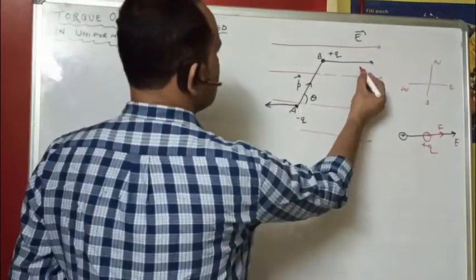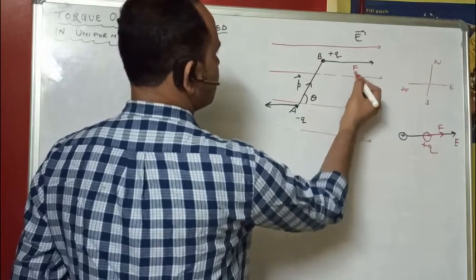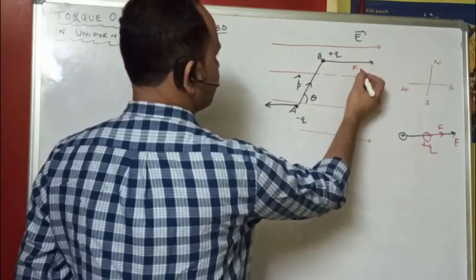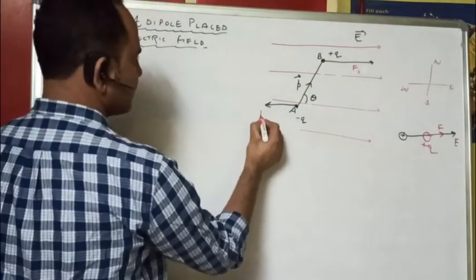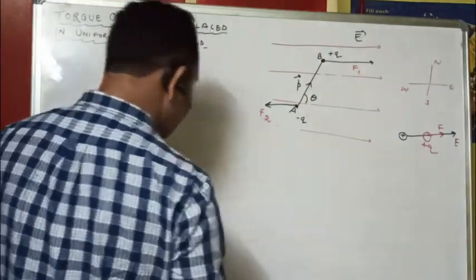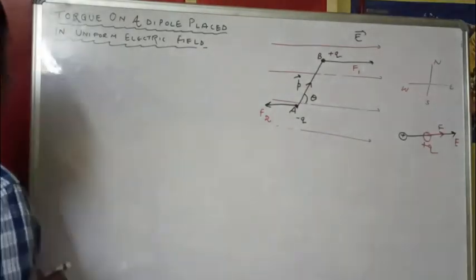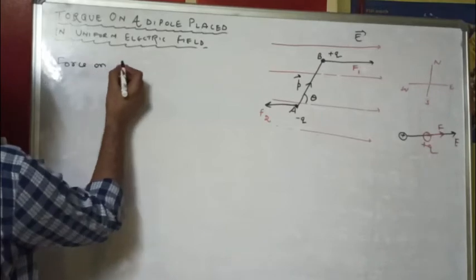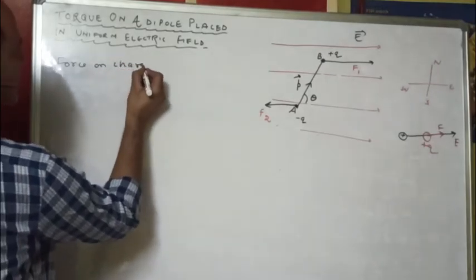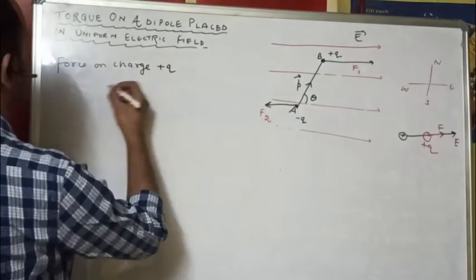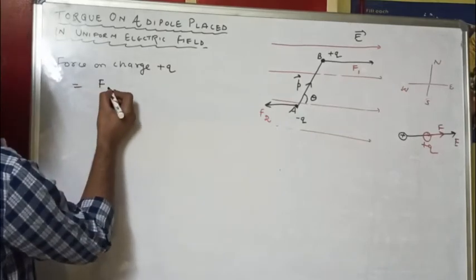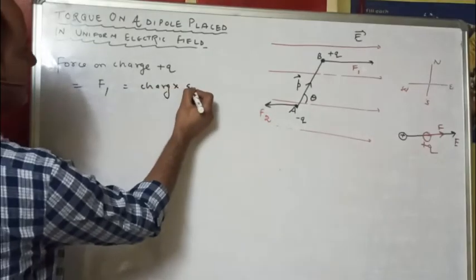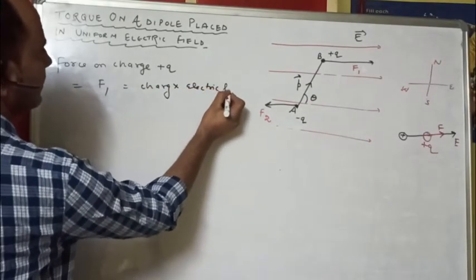So how much will the force be? Suppose it is F1 and F2. Let us find the values of F1 and F2. The force on charge plus q, shown by the symbol F1, is the multiplication of charge and electric field.